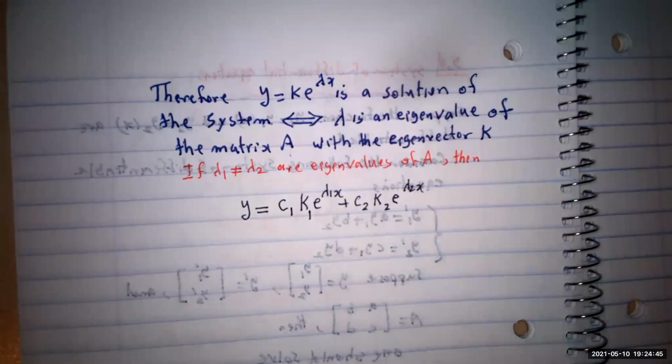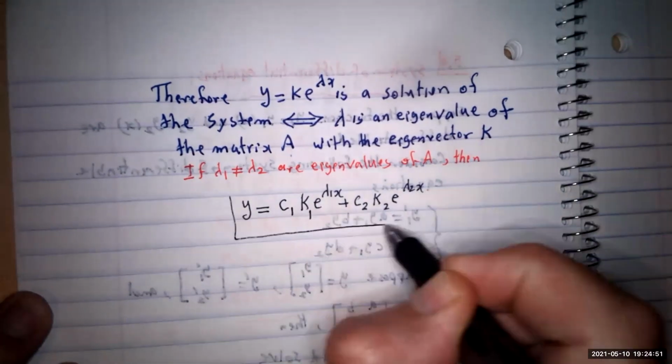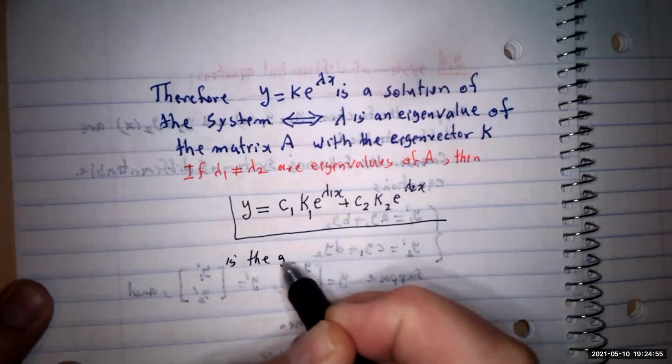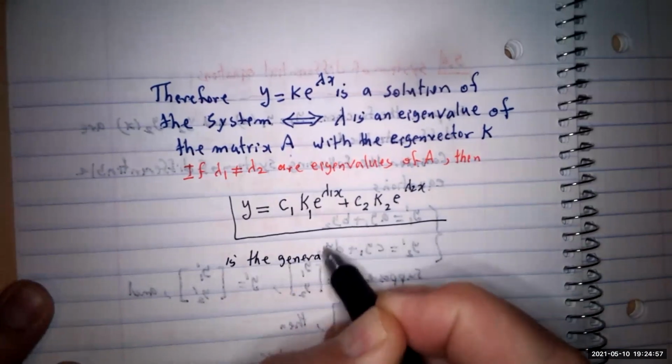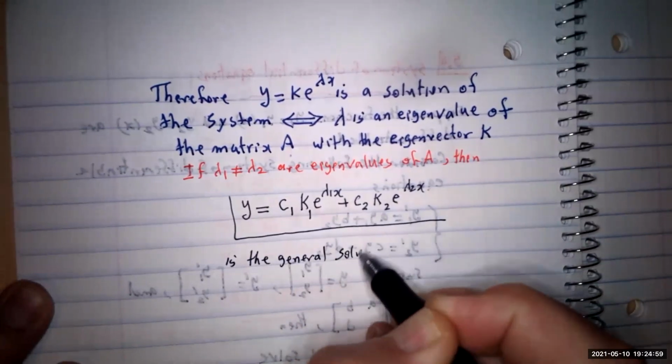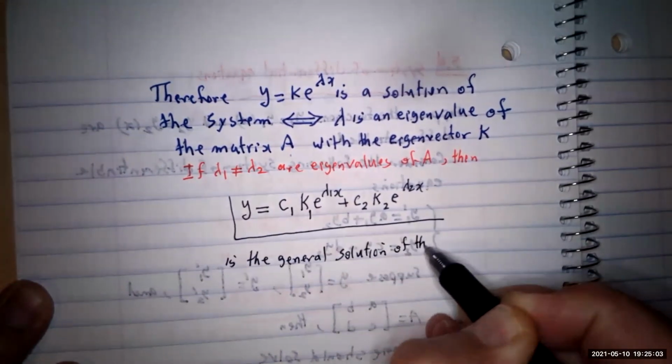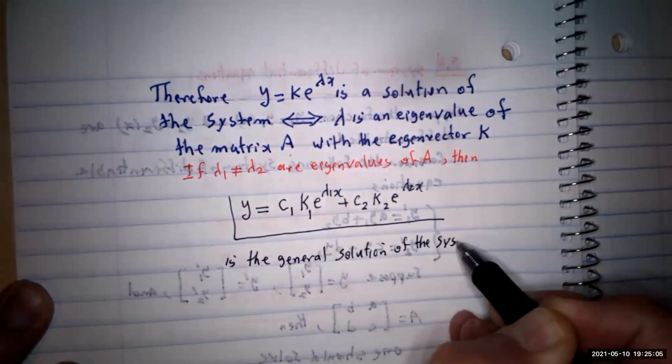So if lambda 1 is not equal to lambda 2, this is the general solution of the system.